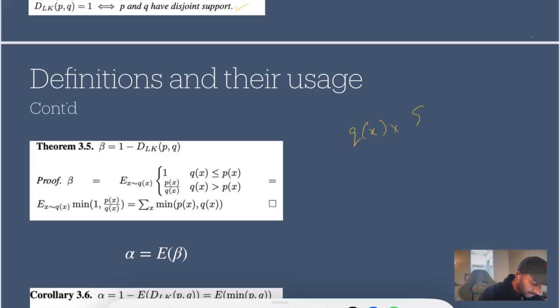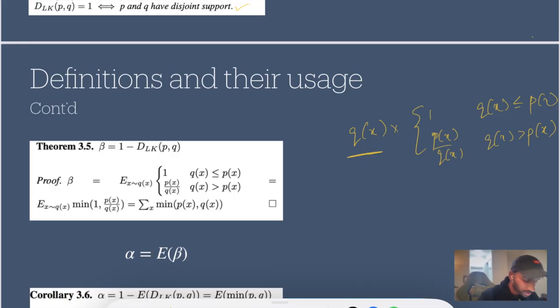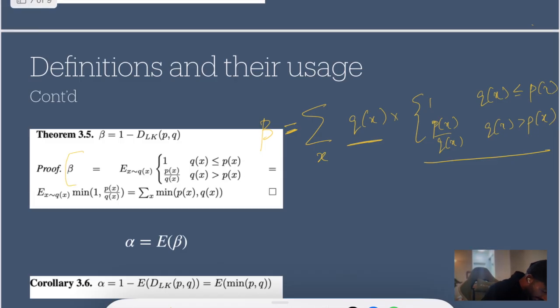It is multiplied with 1 if Q of X is less than or equal to P of X, or P of X by Q of X if Q of X is greater than P of X, right? So the probability that you predict a token times the probability that it gets accepted, summed over all the possible tokens, is basically what beta is. Okay? And that is exactly what is defined here.